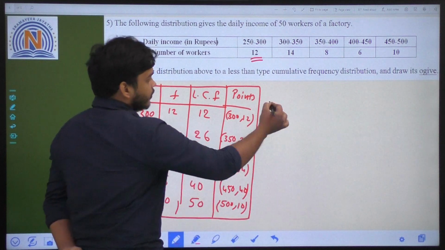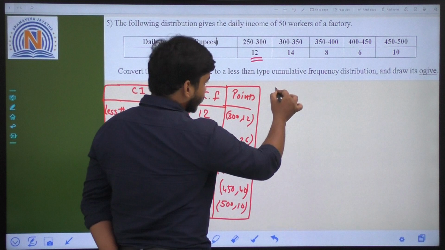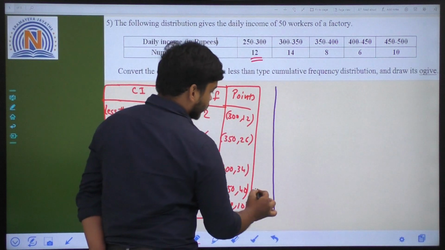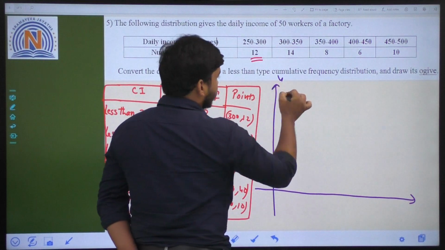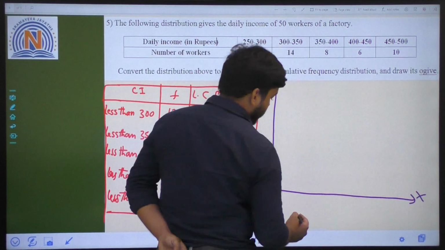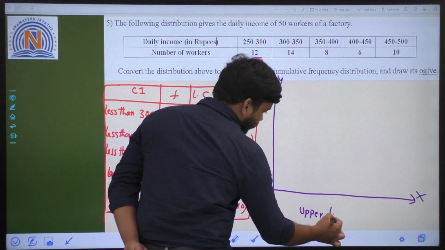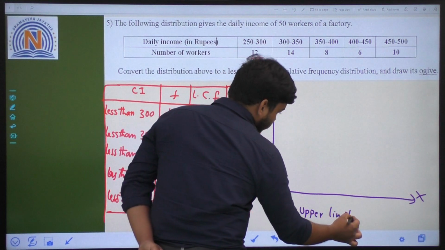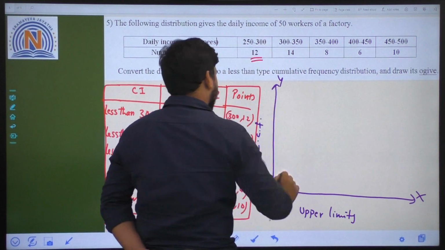Now I'm constructing the y-axis and x-axis. Now we are taking upper limits and less than cumulative frequency on the vertical axis.